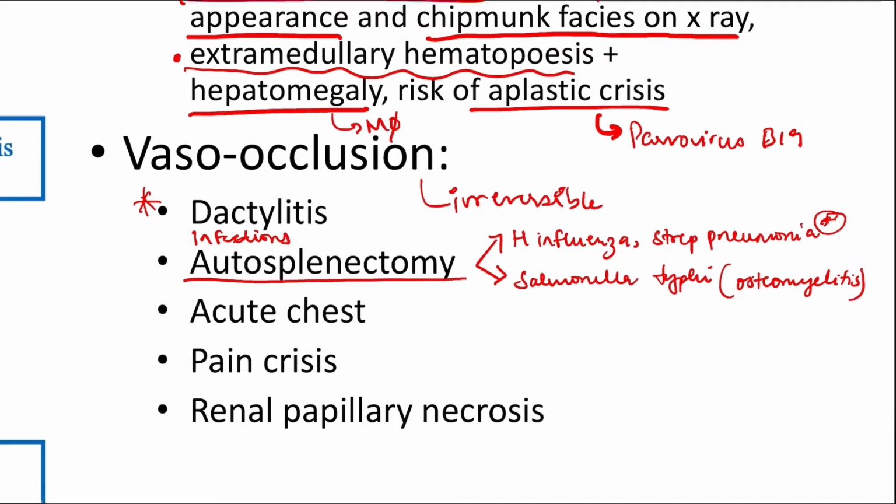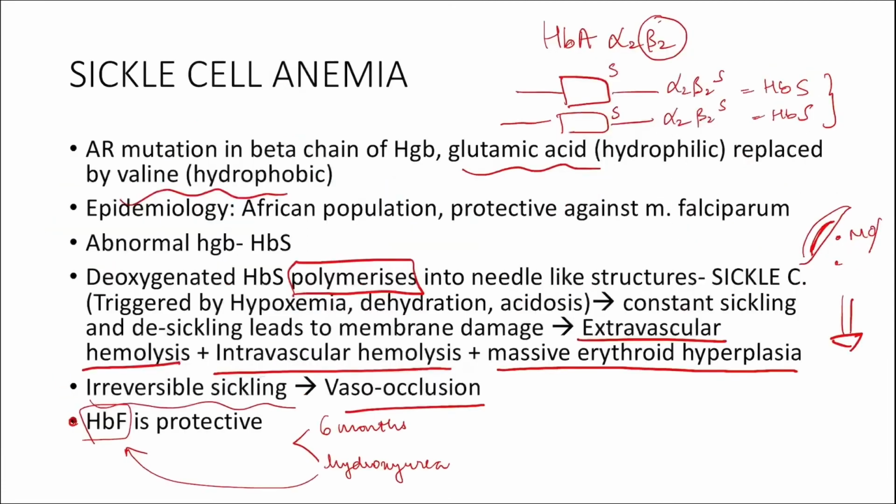Acute chest means that there's basically infarction of the lung, and the patient presents with signs and symptoms of pneumonia, which include shortness of breath, coughing, stridor, etc. Pain crisis, which basically means that the patient would have an increased amount of pain that comes especially when the patient is under stress. We didn't talk about this, but deoxygenation basically happens during certain other disorders as well, and that could be hypoxemia, dehydration, or acidosis.